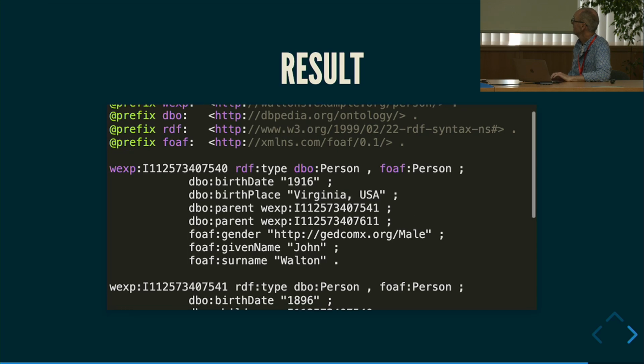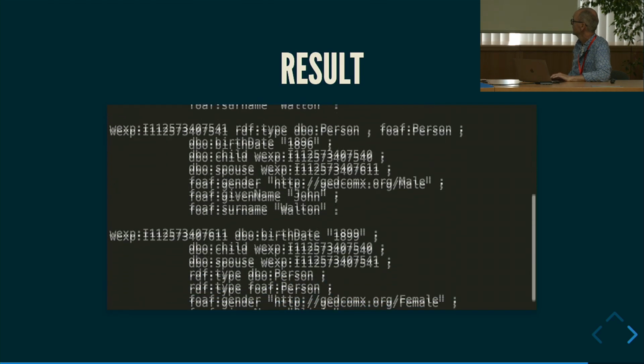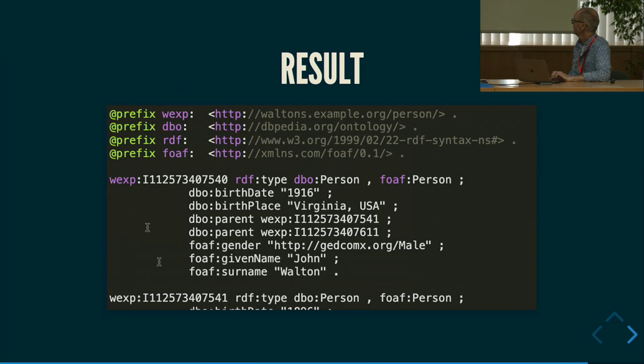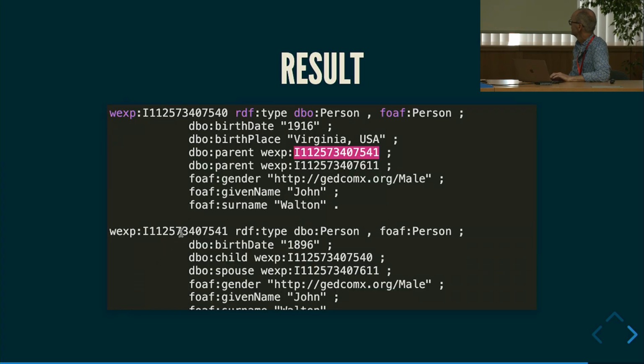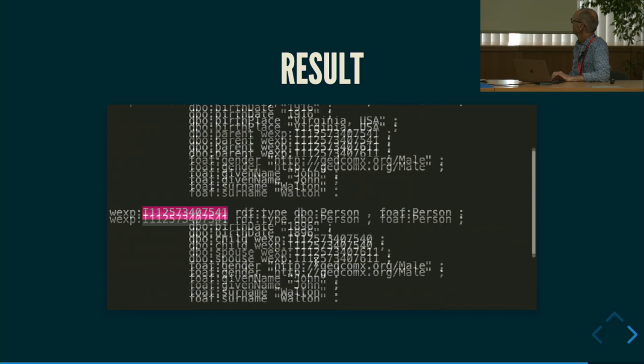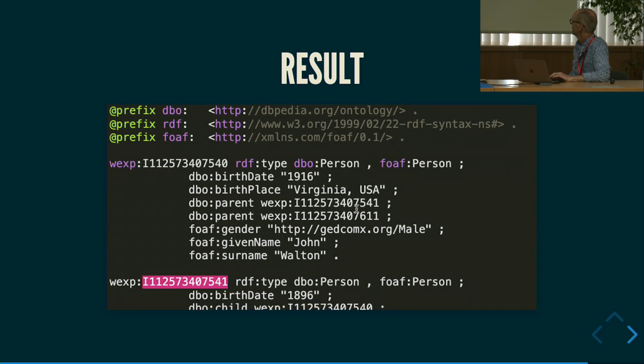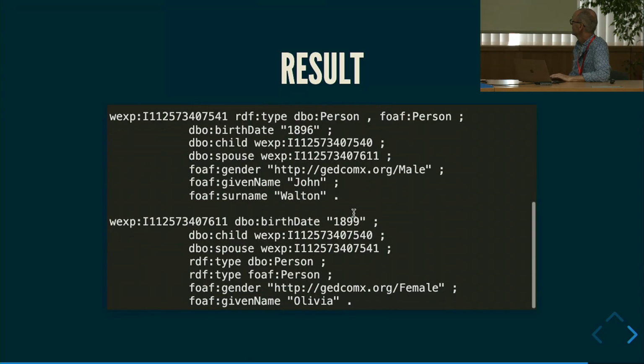So you can see here that the first person is John Boy Walton. And we've got some parents identified. They could actually be on the same line, but we've got this one here. If we look at that ID, we'll see that that is John Walton Sr. And the other one is Olivia Walton, his mum.